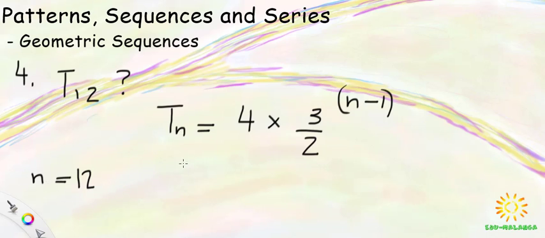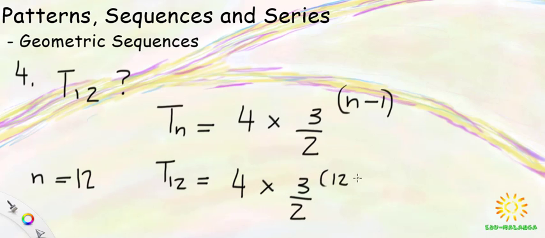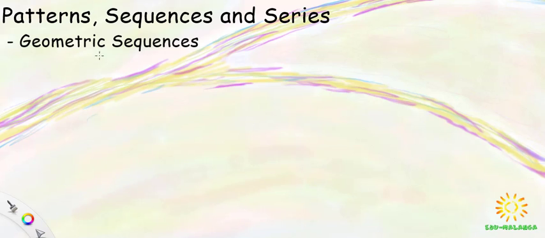N is equal to 12. So the general term will become T12 is equal to 4 times 3 over 2 to the power of 12 minus 1. This can be simplified into 11. The general term will then become T12 is equal to 4 times 3 over 2 to the power of 11.